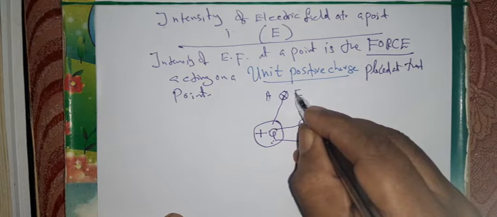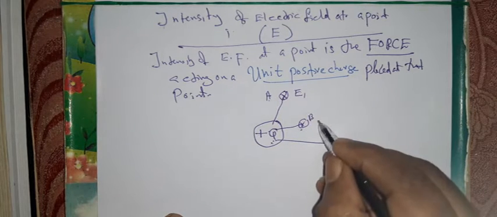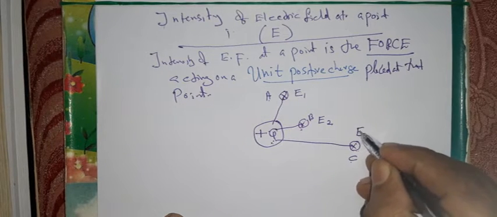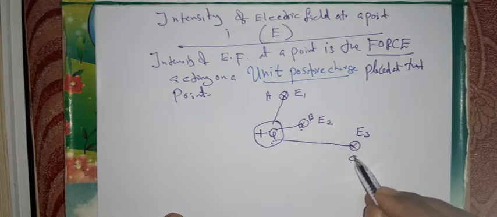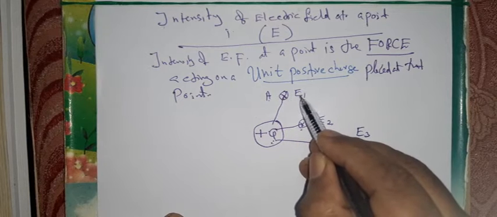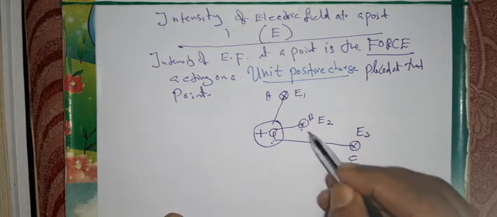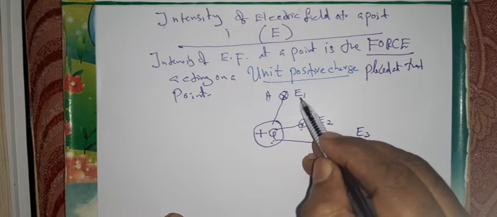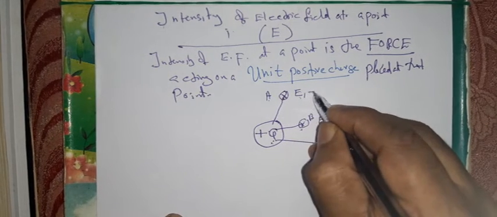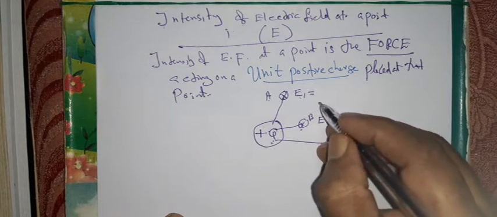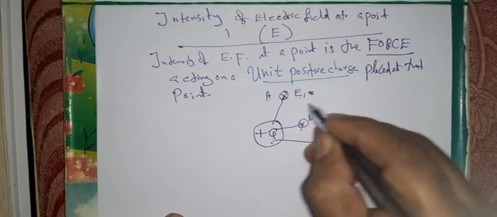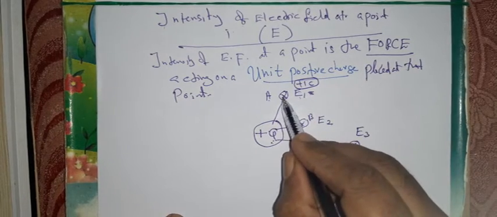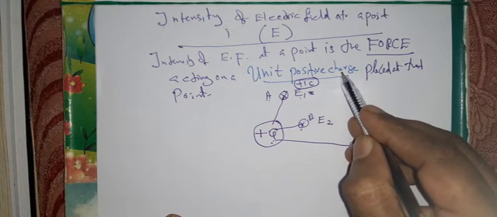What is the intensity of the electric field at A? It is E1. The intensity at B is E2. Similarly, E3 is the intensity of the electric field at C. How to find out the intensity? Each and every point has an intensity of the electric field. For A, you place 1 coulomb positive charge at A. This is called a unit positive charge.